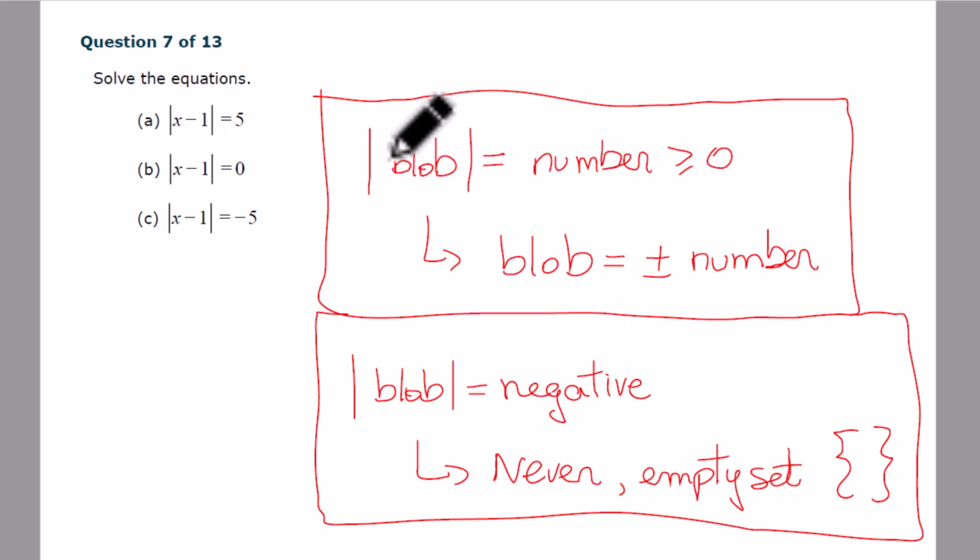Whenever you have absolute value of something equals a number, and that number is 0 or positive, you just grab everything on the inside, write it down, equal to plus and minus the number. That's because the absolute value will make it positive if it were minus. And if you see absolute value of something equals a negative, that can never happen. Therefore, the solution is the empty set.